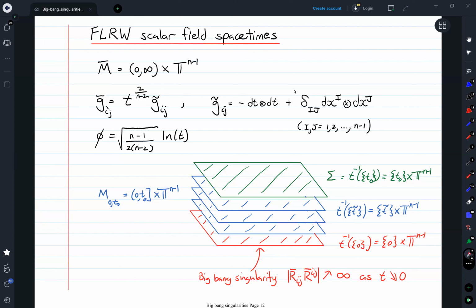So as you approach that final slice, this curvature invariant blows up, okay? That's a picture you should have in your mind for what a Big Bang is. That picture, if it survives, okay? So this is the picture in this exact symmetry, but the question is, how can we understand that this survives in a general setting?